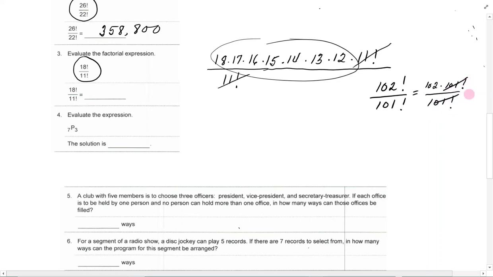Those divide out. My answer is 102. It was not at all a hard or a big answer, but the calculator was going to figure this out and try to figure this out and then divide them, and the numbers were too big. The shortcut helped. So if you ever get that error overflow, then you need to use the shortcut.